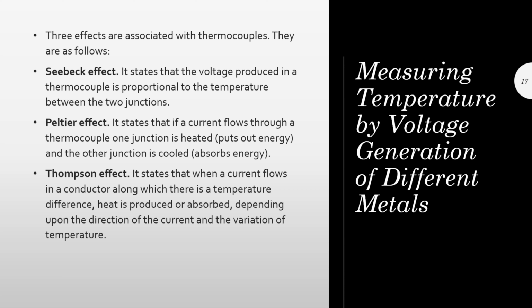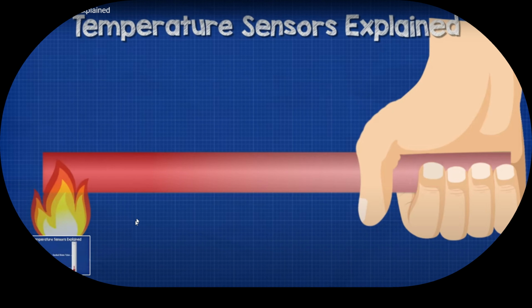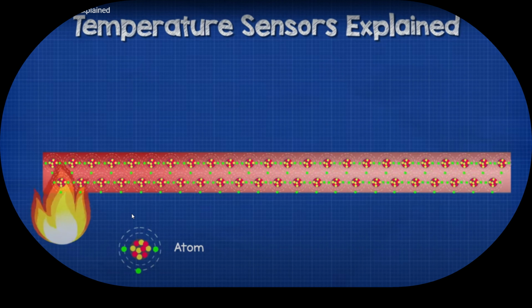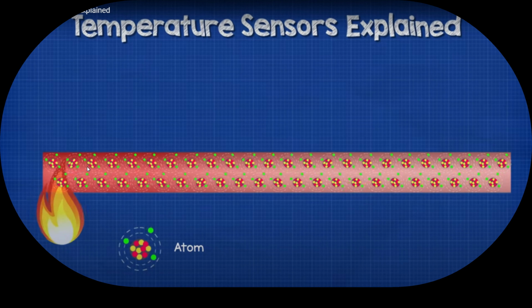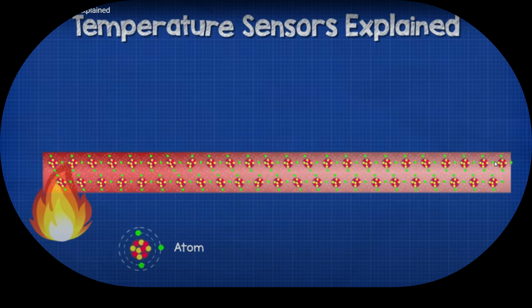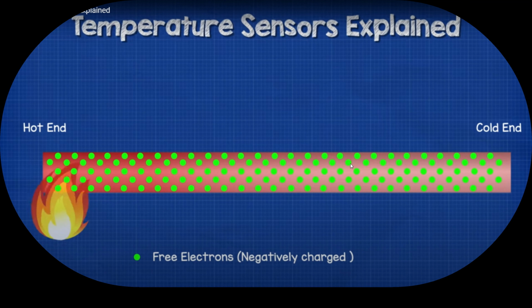What's the idea that we created by using these three effect principles? Let us say we expose a metal rod to the source of a fire. Atoms near the fire will vibrate more than the atoms that are very far from the source of the fire, as we mentioned before.